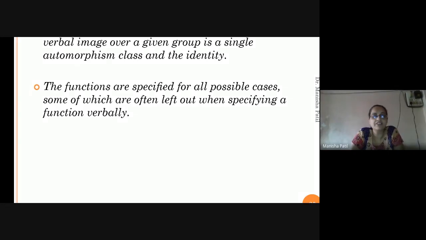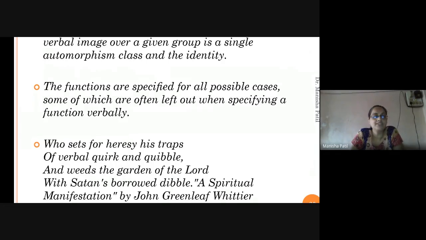The functions are specified for all possible cases, some of which are often left out when specifying a function verbally. Again, you don't understand what is the meaning. No, ma'am. Who sets for heresy his traps of verbal quirk and quibble, and weeds the garden of the Lord with Saturn's borrowed dibble, a spiritual manifestation by John Gleefin Witter.